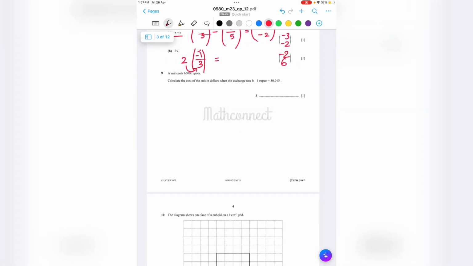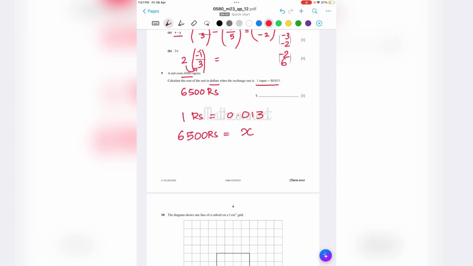A suit costs 6,500 rupees. Calculate the cost of the suit in dollars when the exchange rate is 1 rupee is $0.013. So 1 rupee is 0.013, and we have 6,500 rupees equal to, we don't know how much that is in dollars.